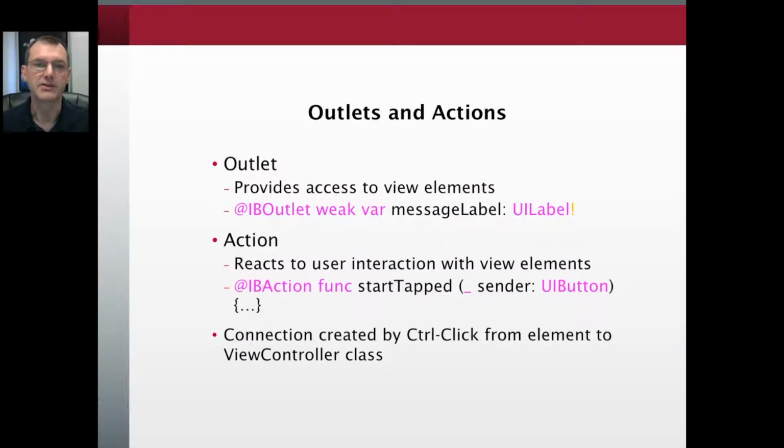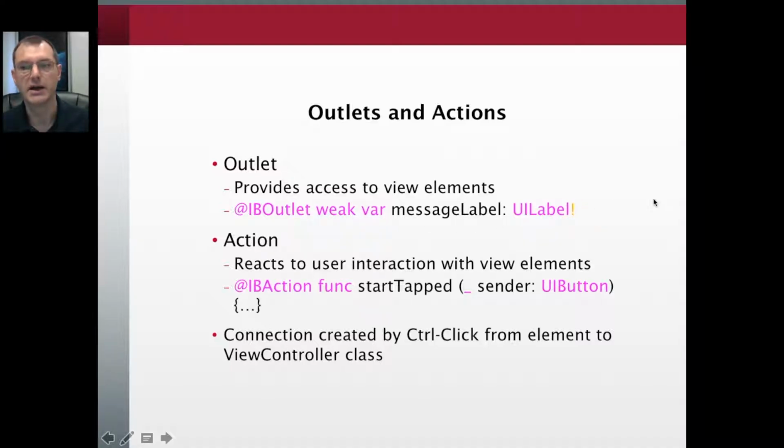In terms of actually accessing and detecting the interaction, we'll be creating what are called outlets and actions. Now, when we connect up our labels to our code, we'll be creating what are called outlets. They'll use this special keyword, @IBOutlet, and there'll be a variable of type UILabel.